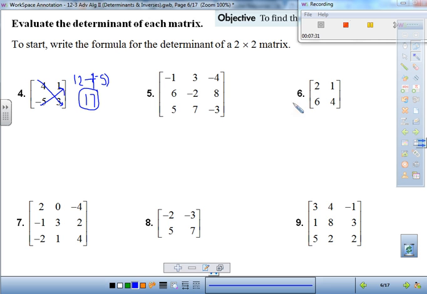Okay, the next one we're going to try is number 5 here, because it's going to have us copy the first two columns. Remember how I said that? So right next to here, we're just going to copy them over again. It helps us with that multiplying. So we have negative 1, 6, 5, and 3, negative 2, 7.